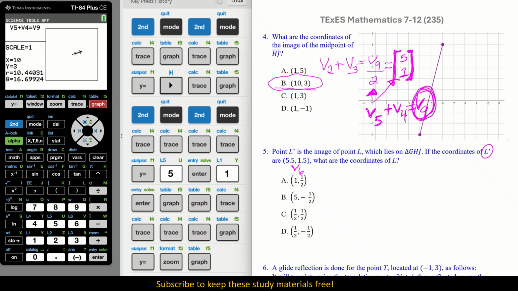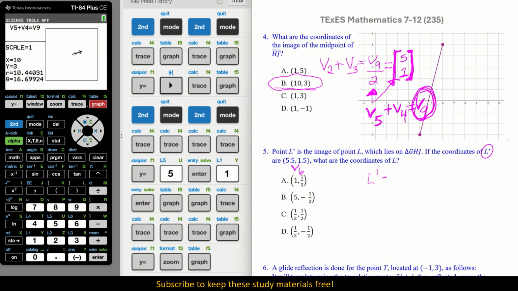What are the coordinates of L? So this is what we have. We have a situation that we had before. We're going to have to subtract, okay? Because prime would have been the answer from addition. So what do we need? We need L prime minus our translation.